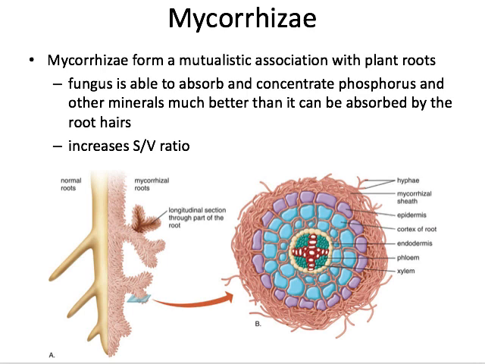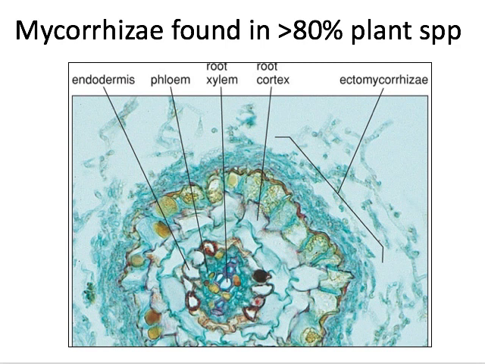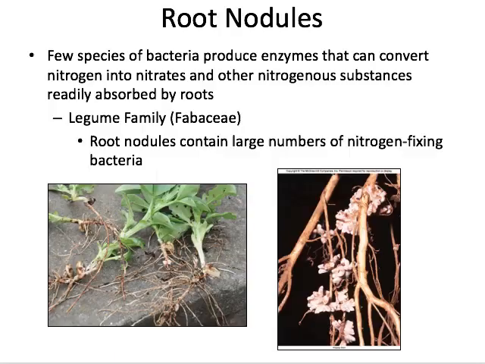The overall benefit is by having these fungal threads growing in and around the roots, it greatly increases the surface to volume ratio. The plant benefits, the fungus benefits, both members of the relationship are happy. In fact, it's such a good relationship that mycorrhizae are found in over 80% of plant species worldwide.